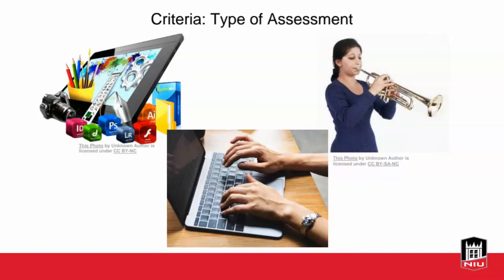And then for a musical performance, our criteria might be steadiness, breathing, appropriate instrument usage, interpretation, accuracy. So our criteria will change dramatically based on the type of assessment or the type of task that we are assessing.